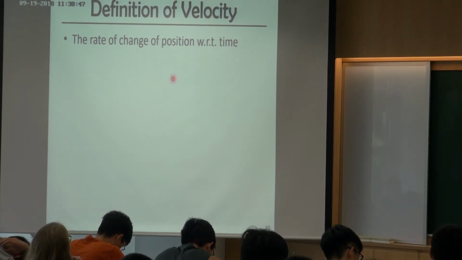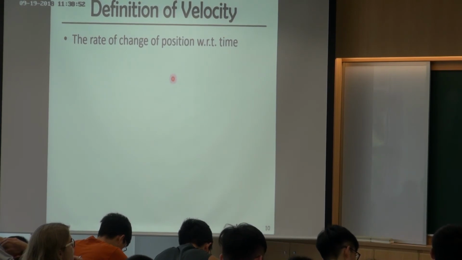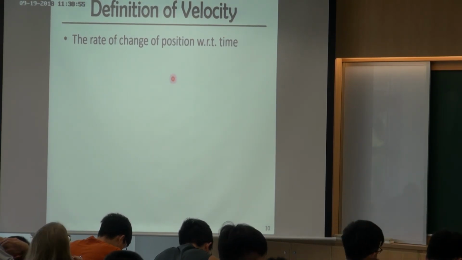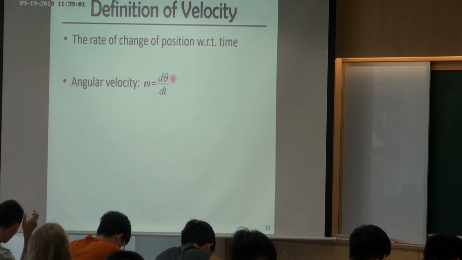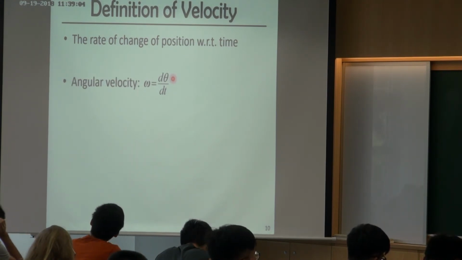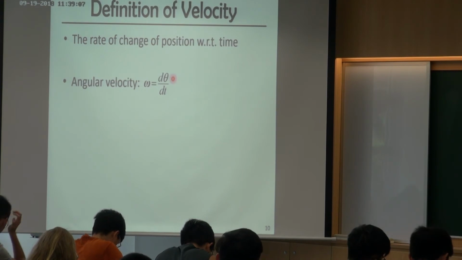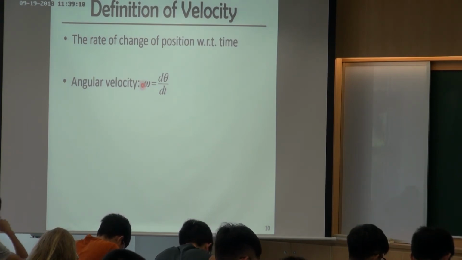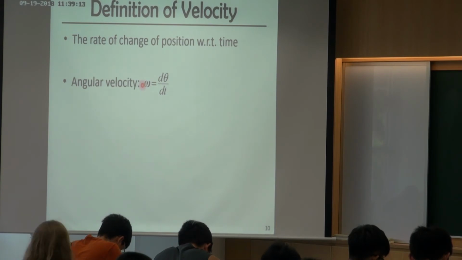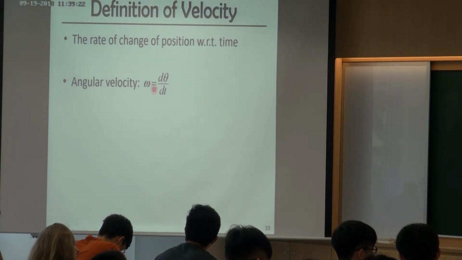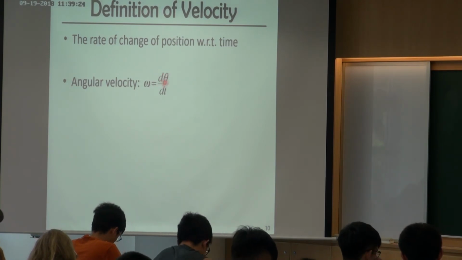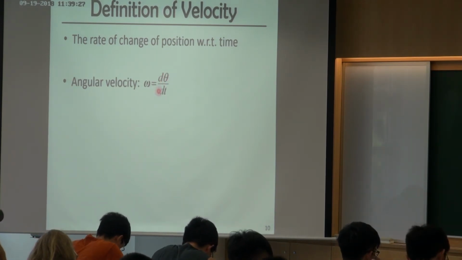Because right now we want to do velocity analysis, what's the meaning of velocity? Velocity is the rate of change of position with respect to time, basically a time derivative. Velocity is the time derivative of position. Two types of velocity we are going to discuss in the mechanism. One is the angular velocity: omega, the angular velocity, equals dθ/dt, where theta is the angular position.